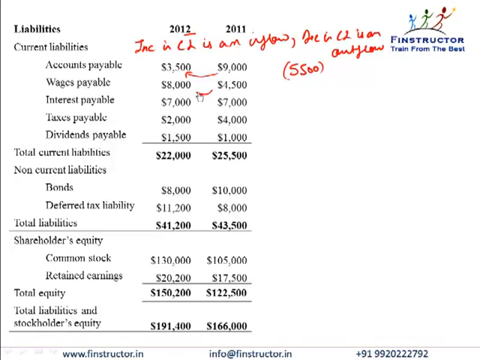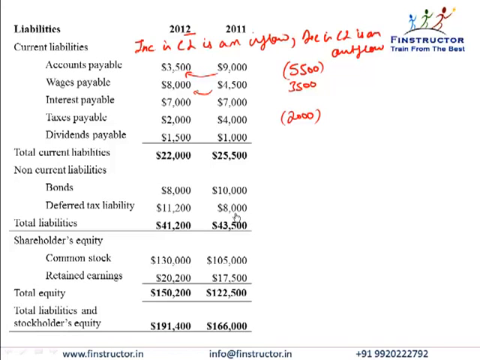Wages payable went up by $3,500. That means I did not pay $3,500 of cash that I'm representing as an expense in the income statement, so my cash will go up to this extent because it wasn't paid. Taxes payable came down by $2,000. That is, not only did I pay the taxes for this period, I also paid another $2,000 of tax due from previous years.